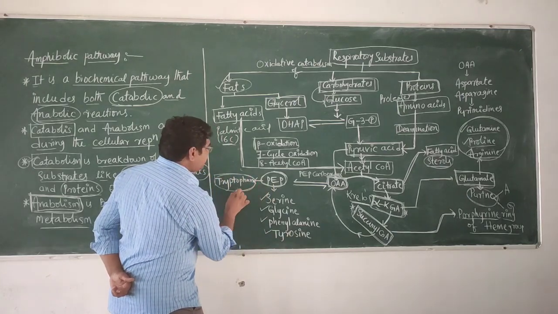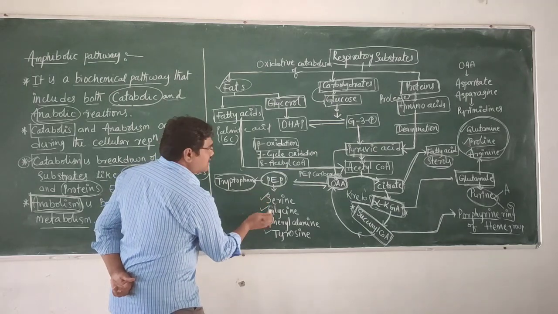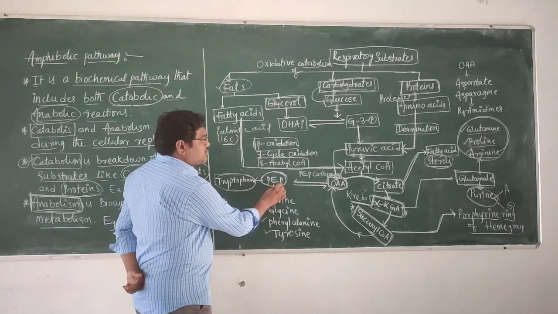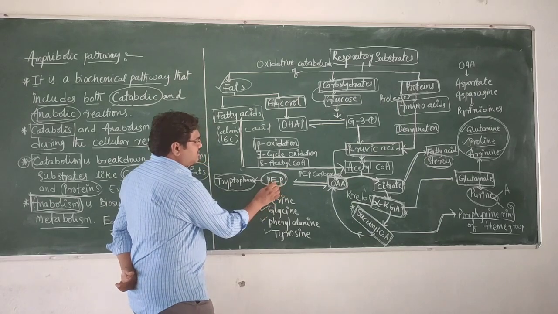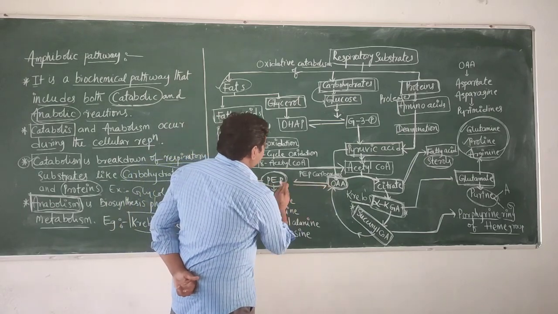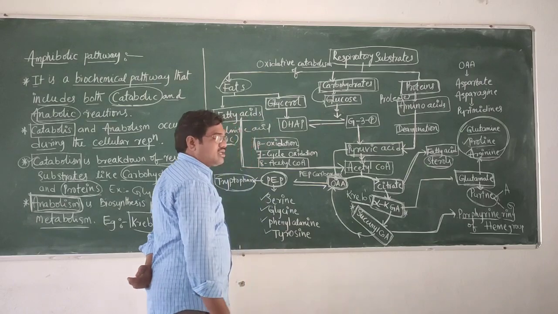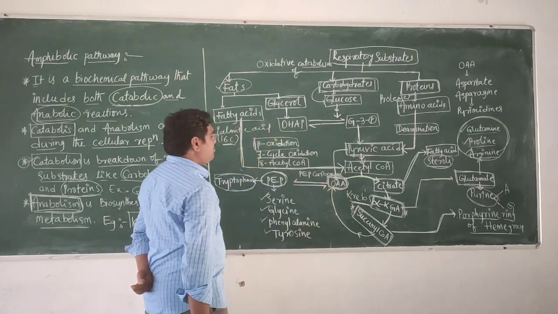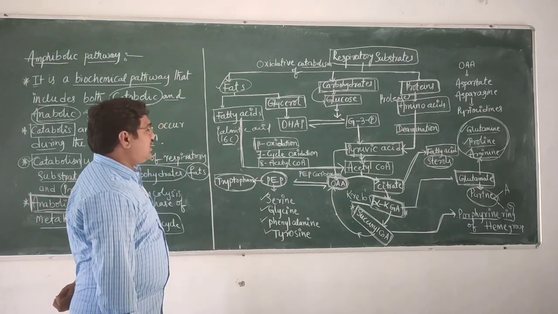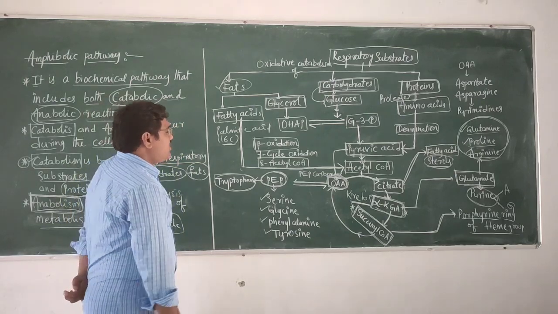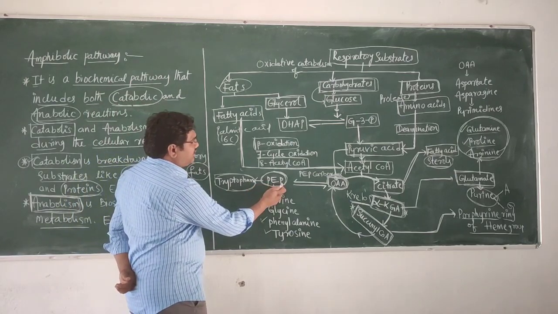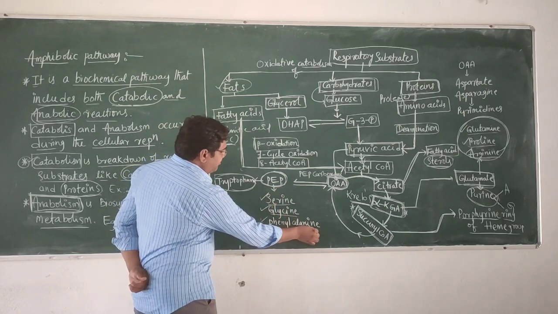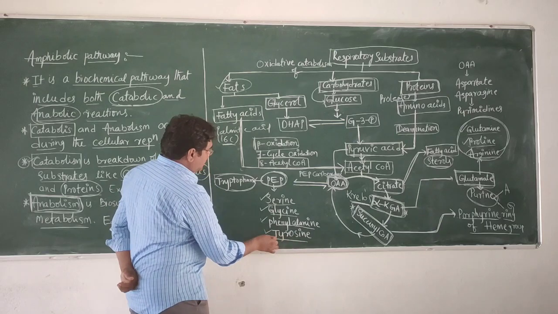So these are five amino acids, synthesized from phosphoenol pyruvic acid, which is synthesized from oxaloacetic acid, the main intermediate product in the Krebs cycle.